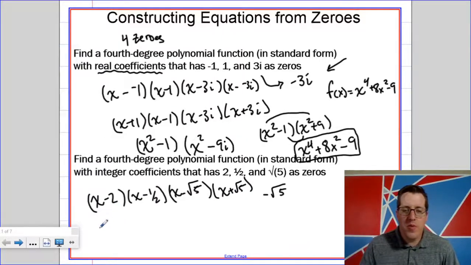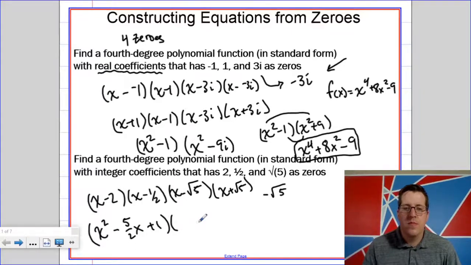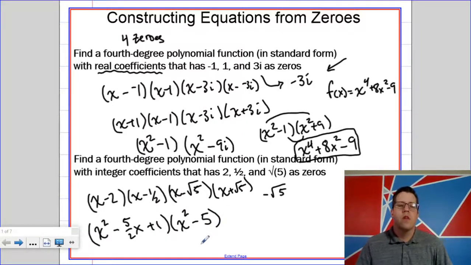But when you go to multiply that, you're going to get x squared minus 5/2 x plus 1 times x squared minus 5. So there are two ways that you can deal with this.